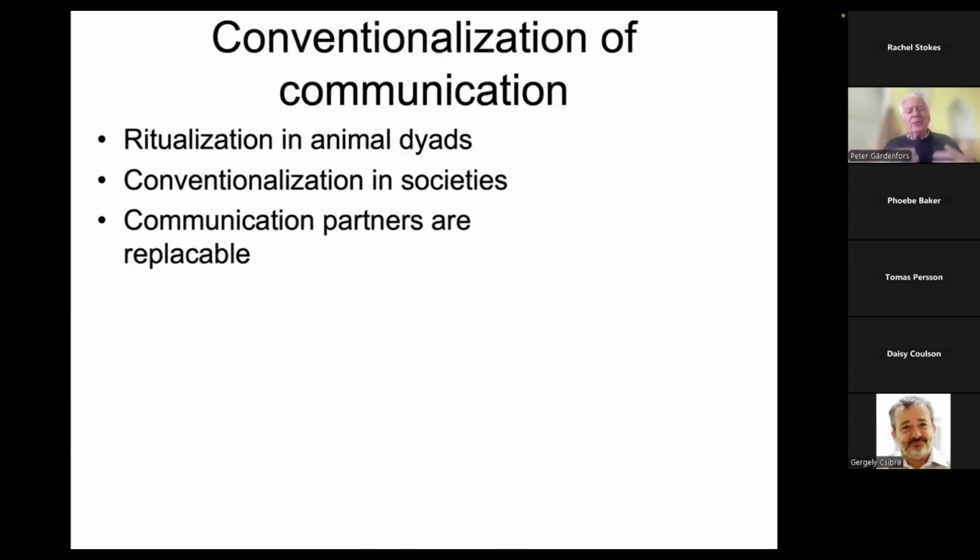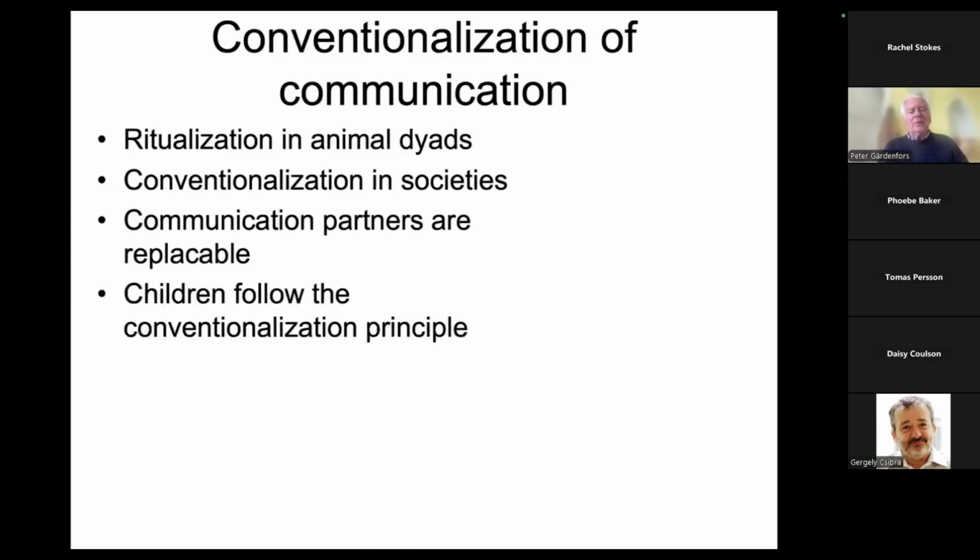There has been no ritual established. But once you have conventionalized signs, then the communication partners are replaceable. And it's been shown that children follow this. When they've learned a word, they assume that everybody else uses the same word to talk about the same thing.